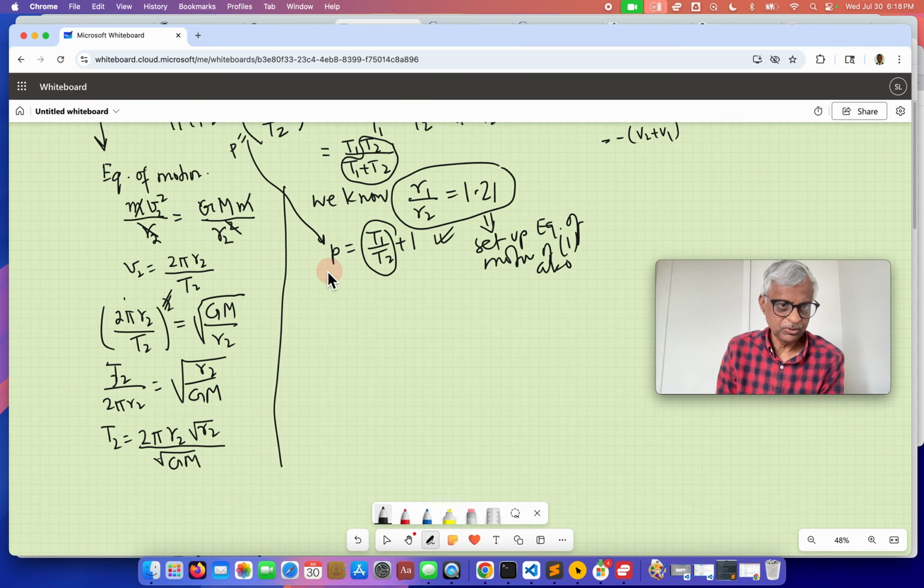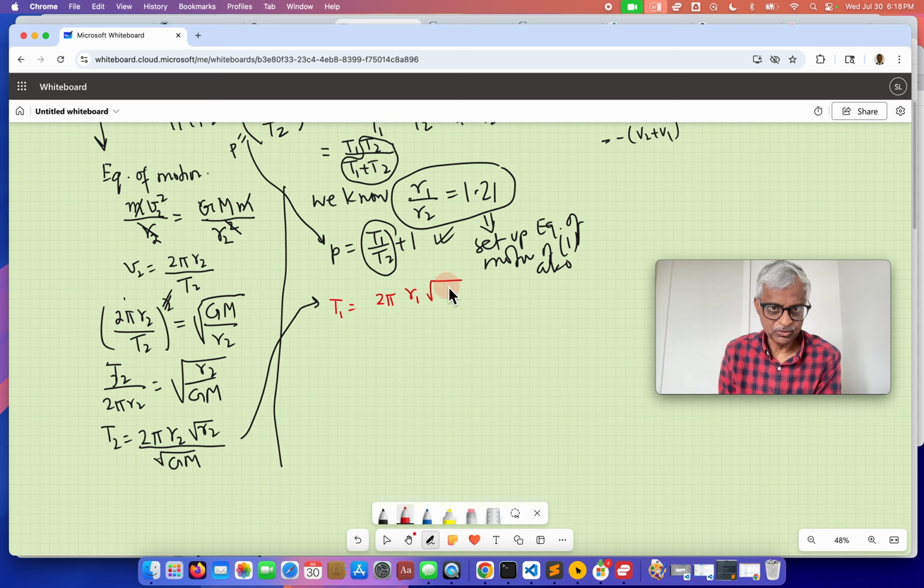If I go through this, it will be exactly the same, and the only difference will be T₁ will be 2π r₁ to the 3/2 over square root of GM.